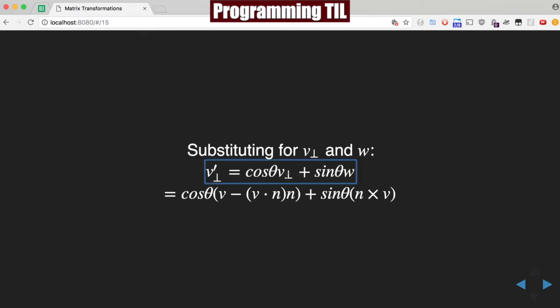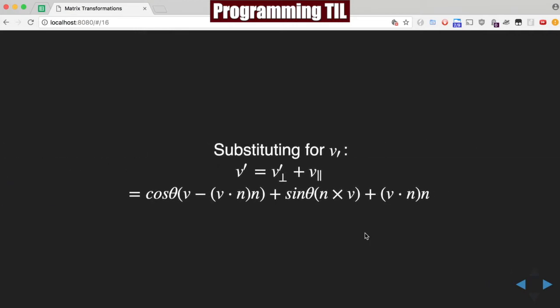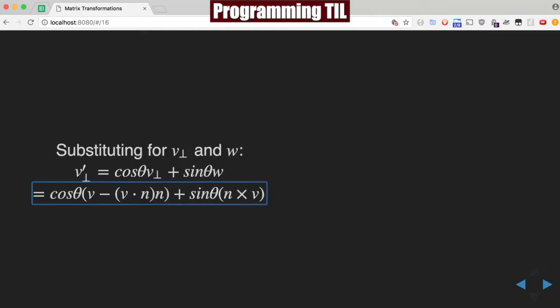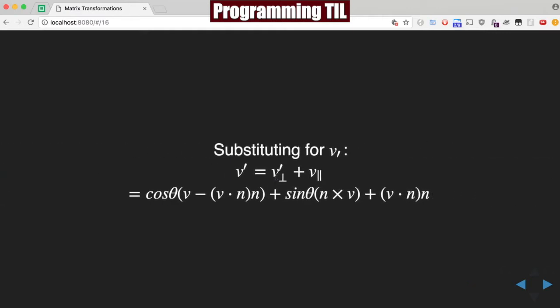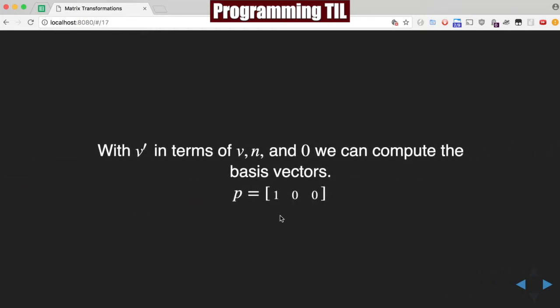And substituting in for the v perpendicular as well as the w, we have this final formula here. Finishing that out, we do the final substitution for v prime. So now we have our final formula here, given in terms of v and n and theta.